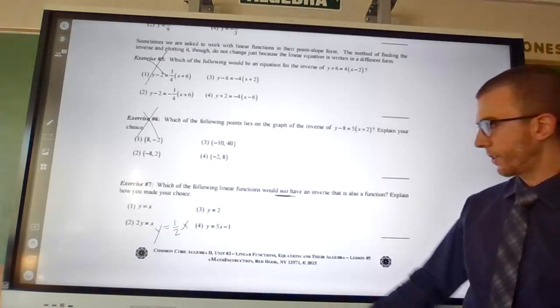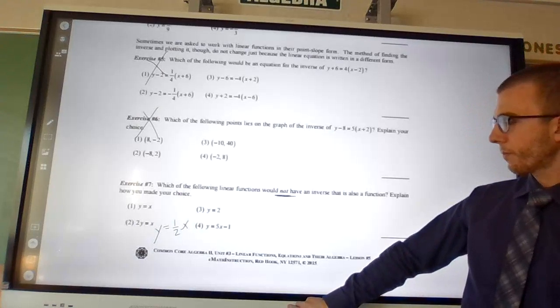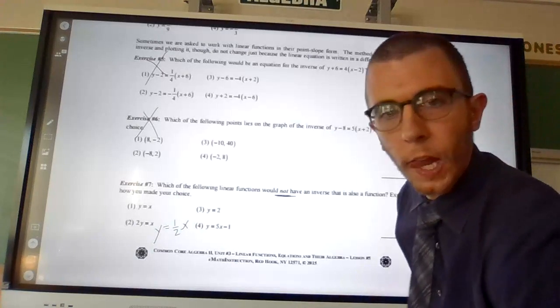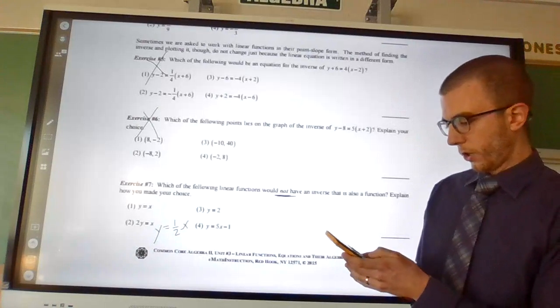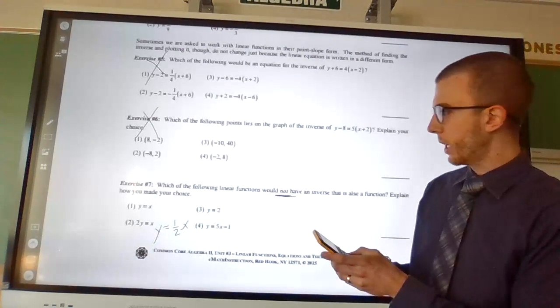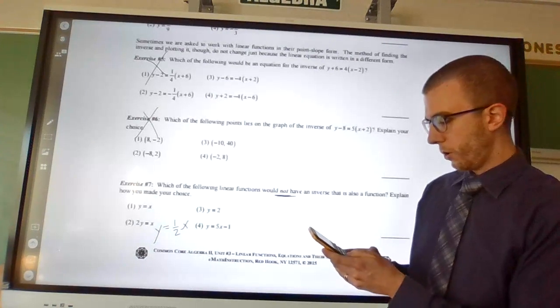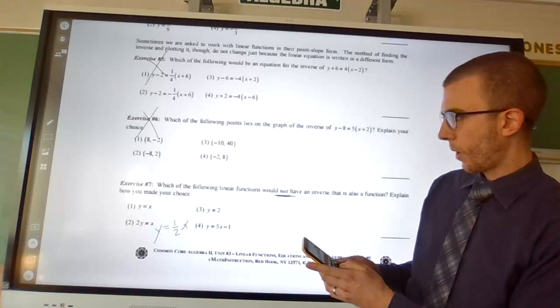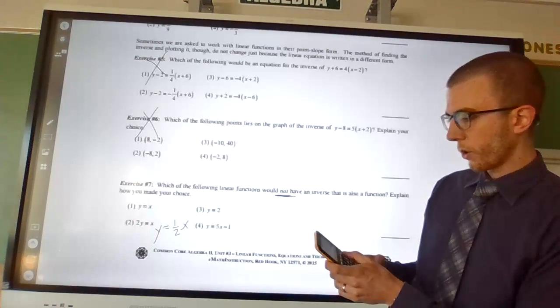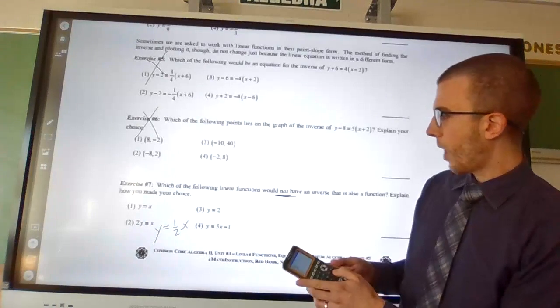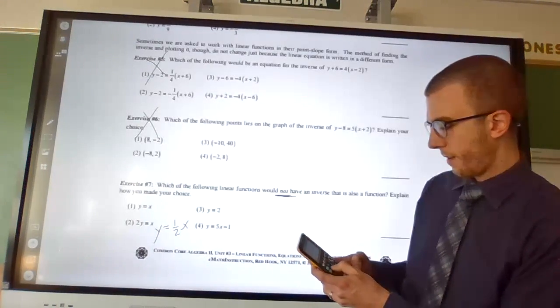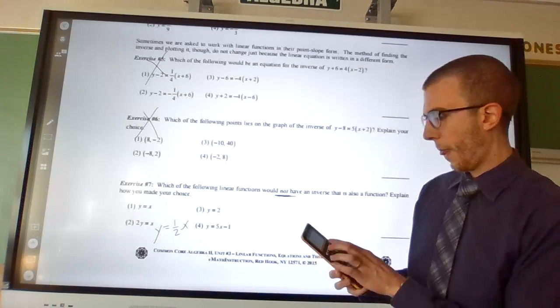We can also enter those. Okay, so let's see. Get those entered in. So y equals x is y1. y2 is y equals 2. y3 is y equals 1/2 x, and y4 is 5x minus 1.